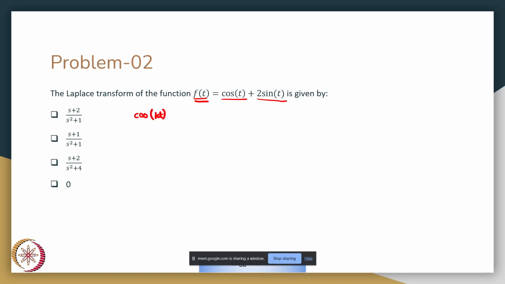Cos of kt is nothing but e raised to i kt plus e raised to minus i kt by 2. Similarly, sine of kt is e raised to i kt minus e raised to minus i kt by 2i.